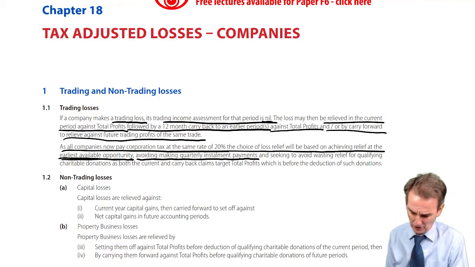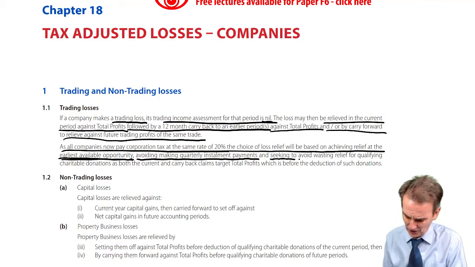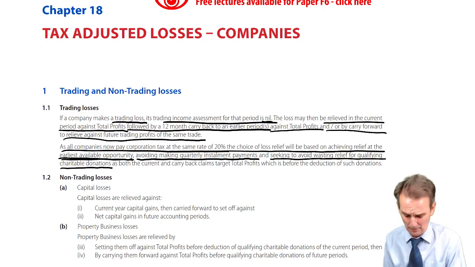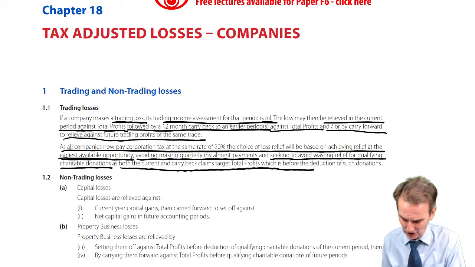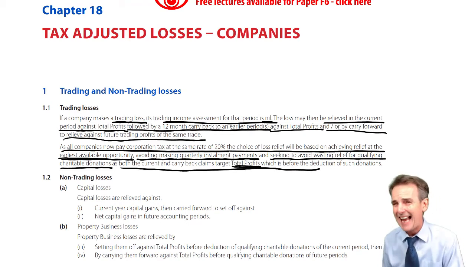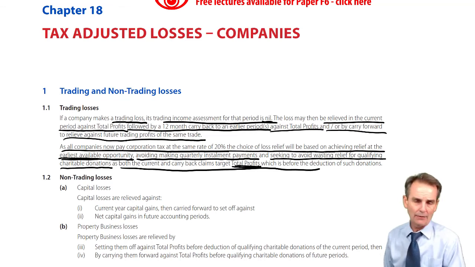So avoid making quarterly instalment payments and also seek to avoid wasting relief for qualifying charitable donations. The reason we have a particular problem here is that both the current and the carryback claims target total profits. Total profits, not taxable total profits, and therefore it's before the deduction of the donations.